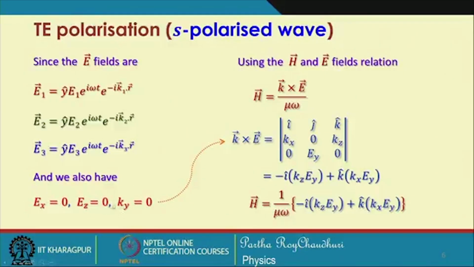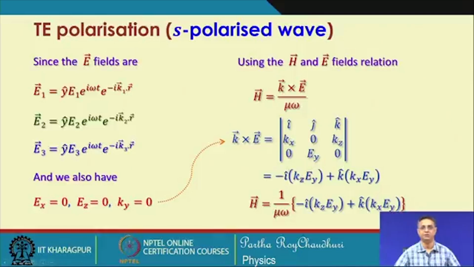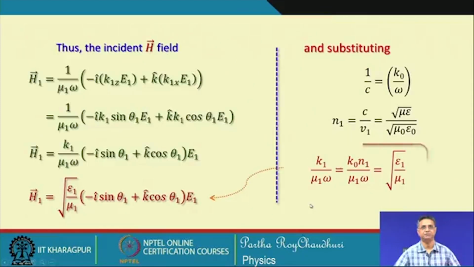So, if we put these three values in the connection equation between H and E, then we will see that k x, k z and u y will constitute the determinant, and as a result you will get the H field due to the u y and k z, k x and u y combination. So, we can now evaluate the various magnetic field components from this expression.